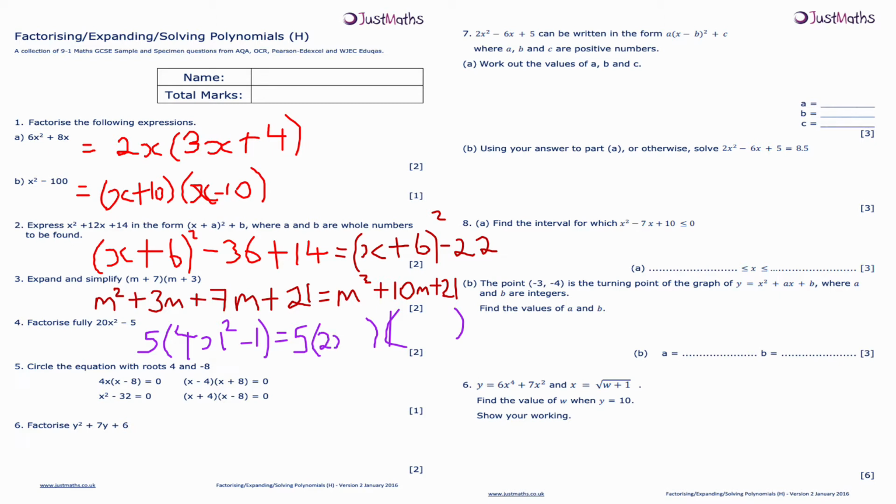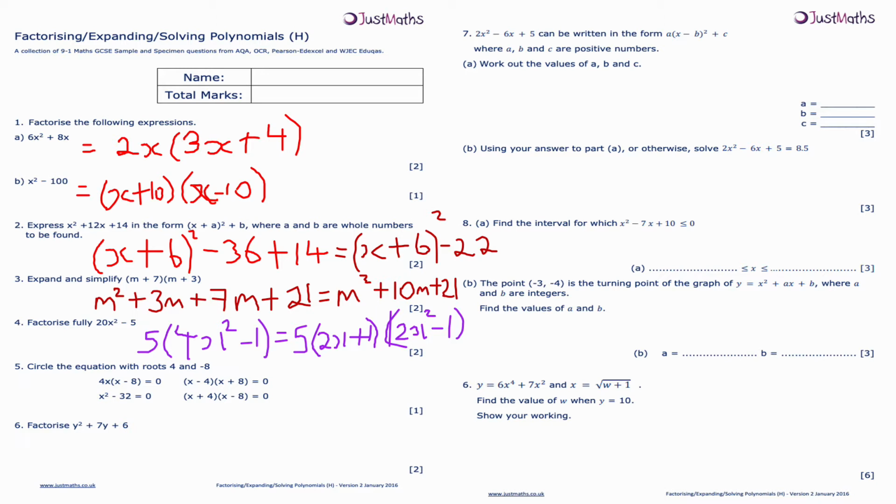The idea is that it's got to have a square root of each term. So for part B, the square root of 100 is 10, and that's where the plus and minus 10 came from. The square root of x squared is just x, so that's why I've got an x and an x. The square root of 4x squared actually gives me 2x, so 2x and 2x.